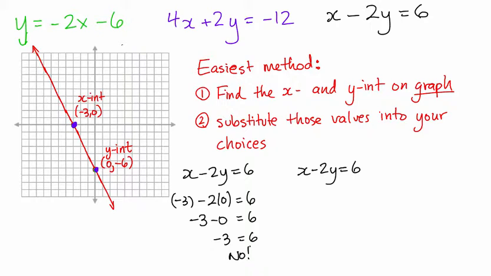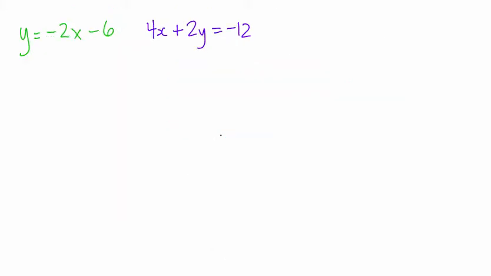Now, why did the green and the blue graphs both work? Well, let's take a look at that in a little more detail. So here's those two graphs, and the first one's solved for y equals mx plus b, and the second one is in the form ax plus by equals c. And as I talked to you last day about, you can take these and rearrange them. So let's take the second one and rearrange it into y equals mx plus b.